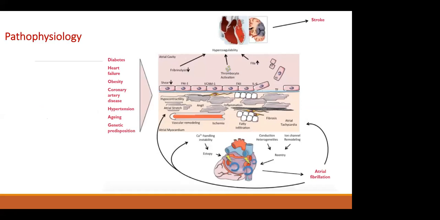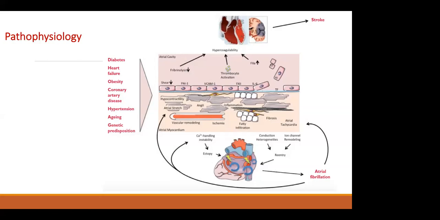What about the pathophysiology of AF? We know that there is some genetic predisposition, and there are many risk factors for AF like diabetes, heart failure, obesity, coronary artery disease, and hypertension that lead to structural remodeling of the atria by activation of fibroblasts and enhanced connective tissue deposition that lead to some fibrosis, also fatty infiltration, amyloidosis, infiltration with inflammatory cells, myocyte hypertrophy and necrosis.